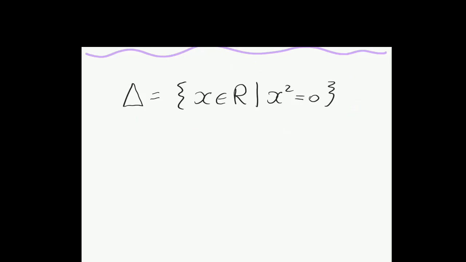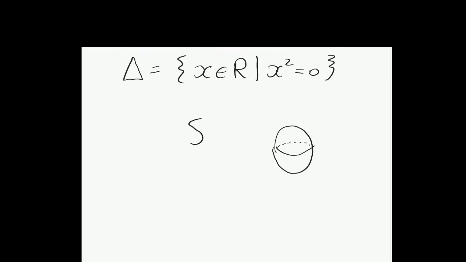Let's say we have some other space S. For example, maybe it's a sphere. It could be any space at all. What would it mean to have a map v from our space of nil square infinitesimals to S?